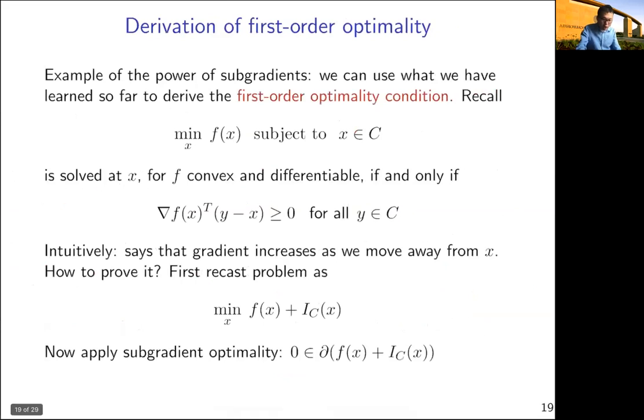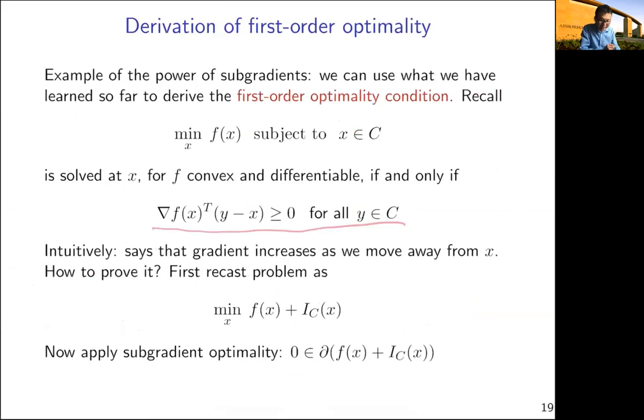We can also make use of subgradients to derive the first order optimality condition using a slightly different argument. Recall that the first order optimality condition, which is fully general for minimizing differentiable functions with solutions constrained to a convex set, can be written as this inequality.